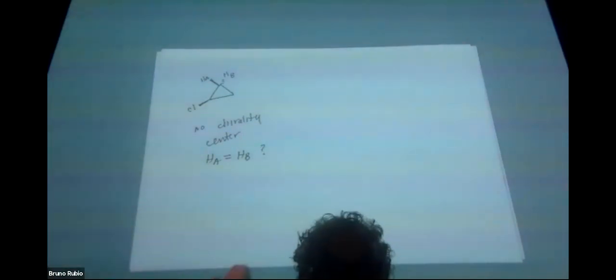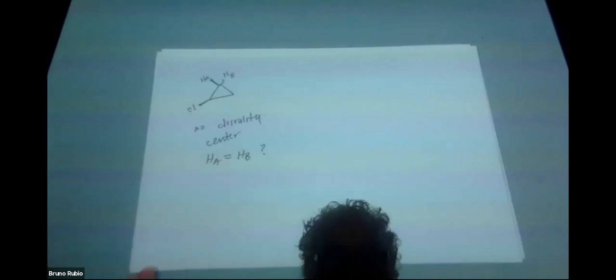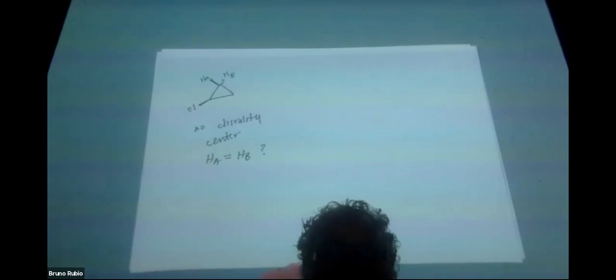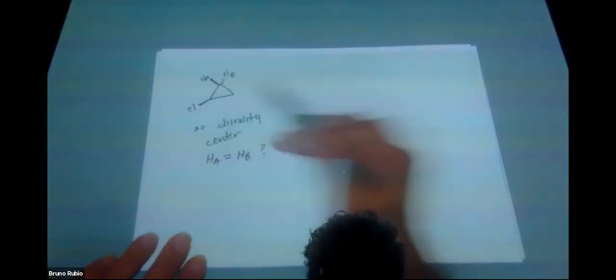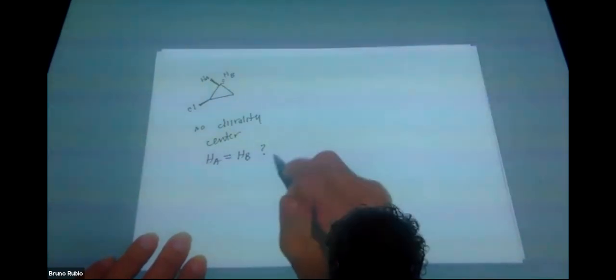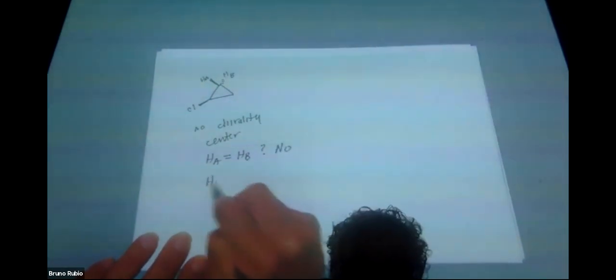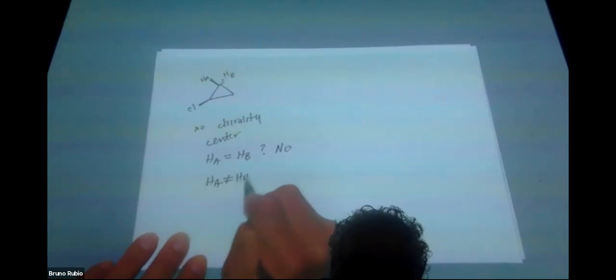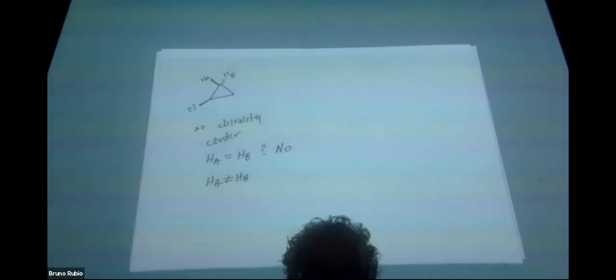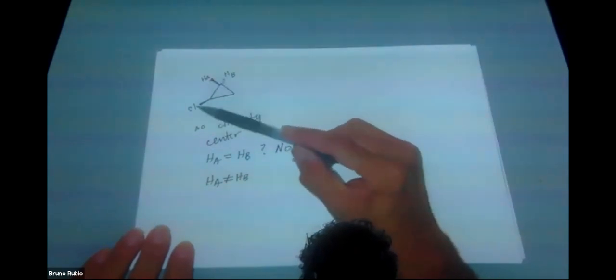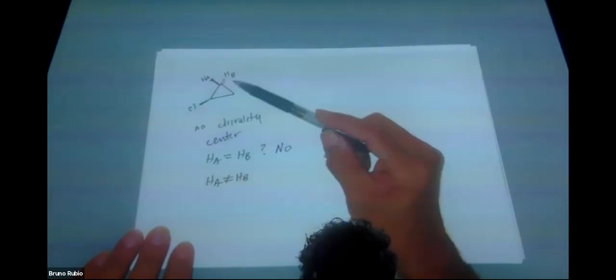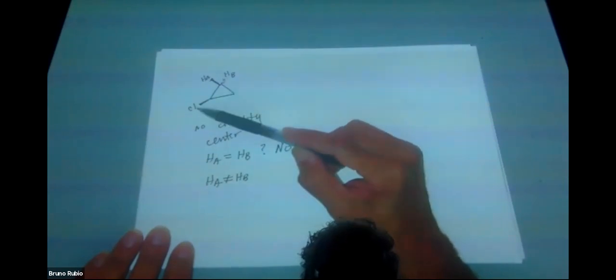Oh, of course they're not, because of the symmetry consideration in this rigid molecule where rotation is not allowed. We just went through an explanation that was based on the rapid rotation of single bonds. The HA and the HB here are not equivalent to each other because the HA is cis to a Cl and the HB is trans to a Cl.